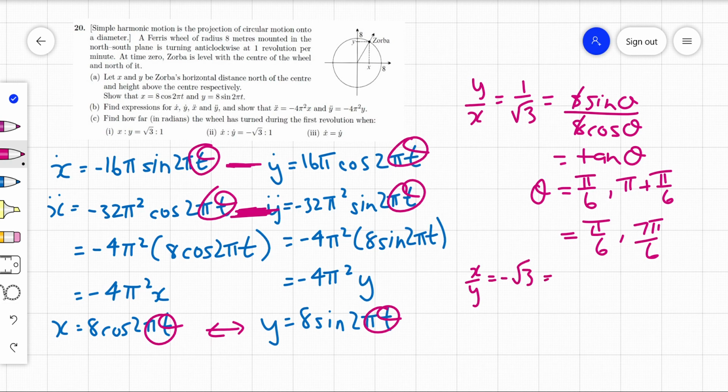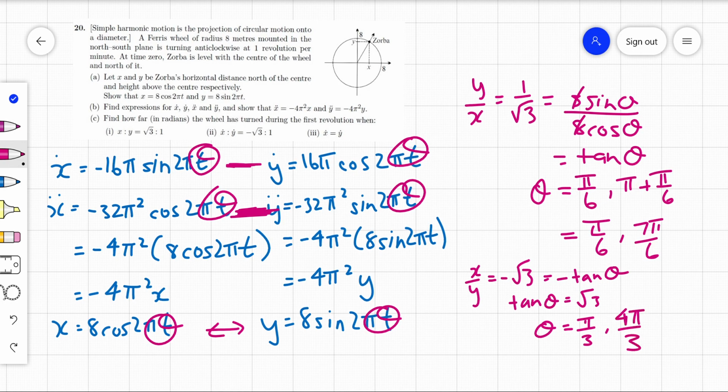But it also equals minus 16 pi sine theta on 16 pi cos theta. So you can see there we're going to get a minus tan theta. So we're really solving for where tan theta equals root 3. And the two places on that first revolution are 60 degrees, so pi on 3, and again pi plus 60, so we've got 4 pi on 3.